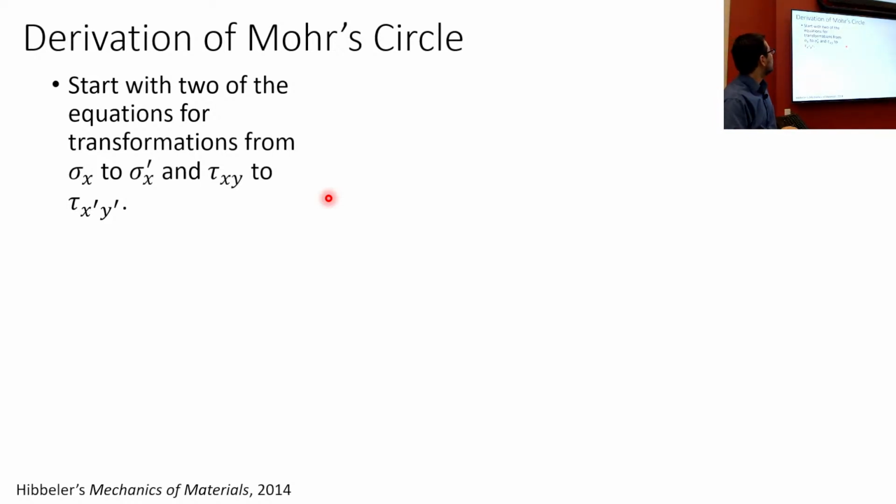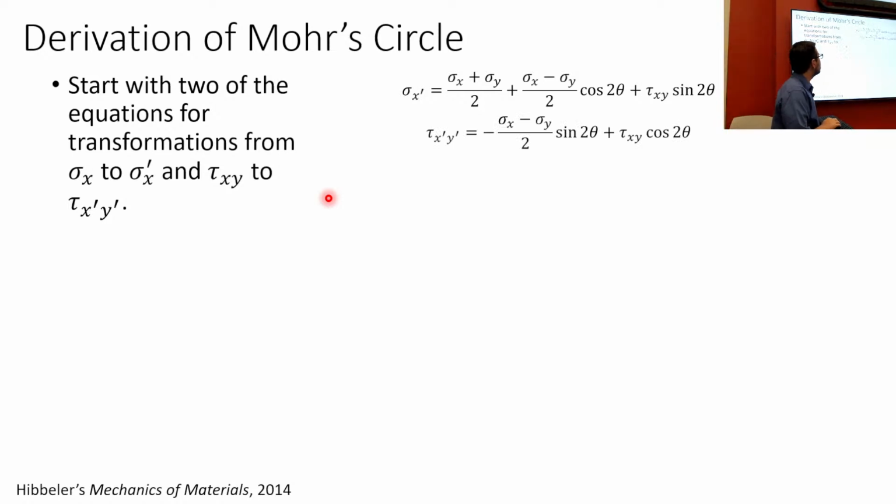We start with some equations that we had for calculating sigma x prime and tau x prime y prime. These equations come from the equilibrium on the triangle, and they are the general formula. So this is nothing new.